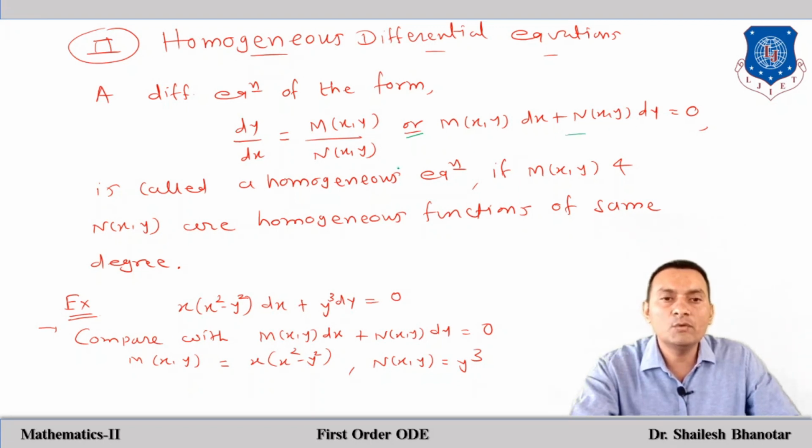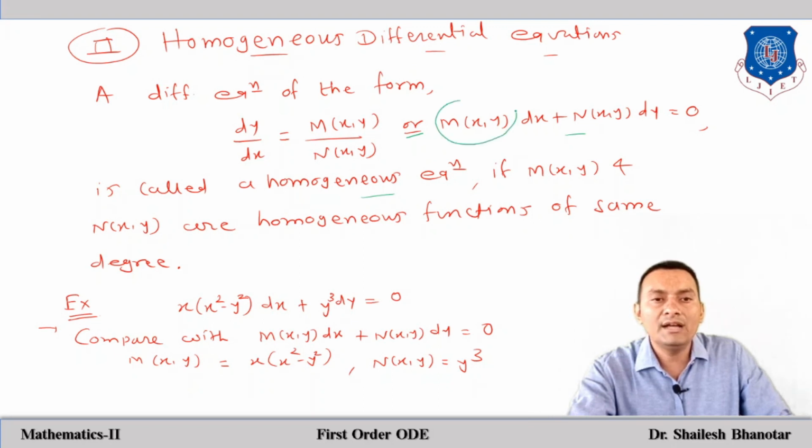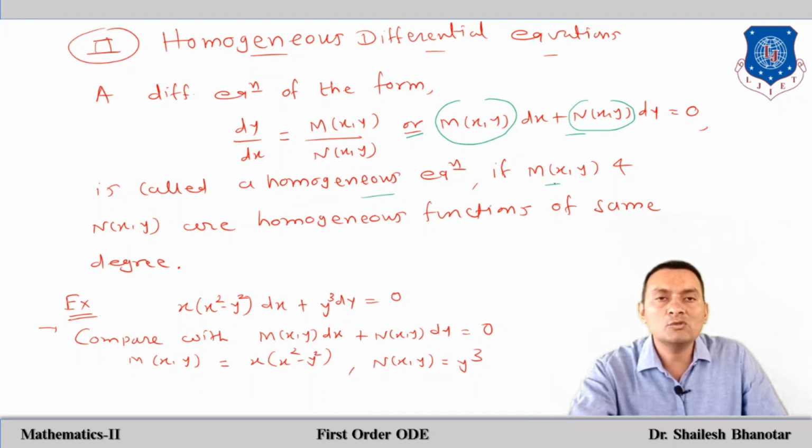This differential equation is homogeneous if m of xy and n of xy are homogeneous functions of the same degree. If m of xy has degree 2, then n of xy must have degree 2. If m of xy has degree 2 and n of xy has degree 3, then it is not going to be homogeneous. That's why it is mentioned here that they have the same degree.